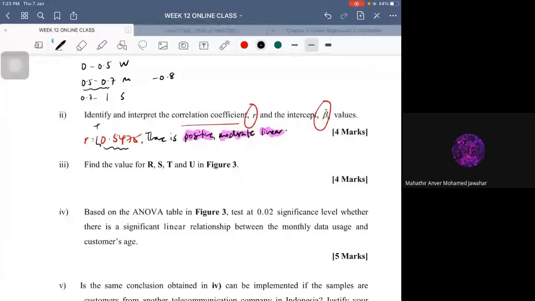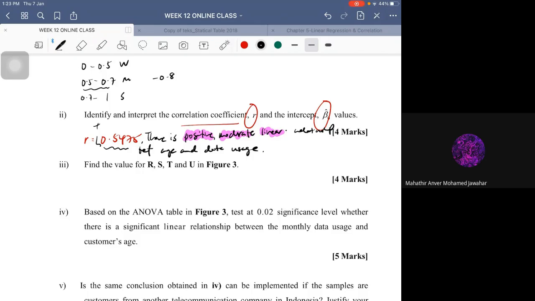You will only be awarded the marks if you have all these three words in your interpretation. So there's a positive, moderate, linear relationship between age and data usage. That is for the correlation coefficient.